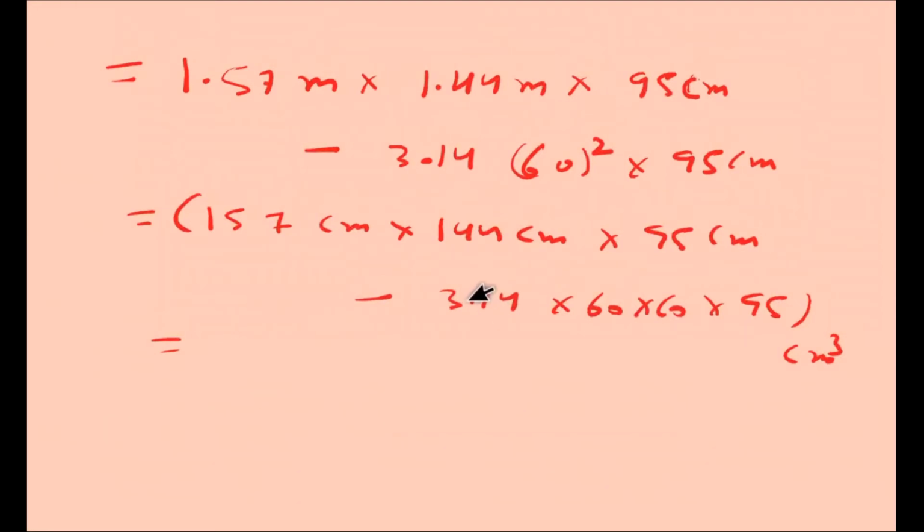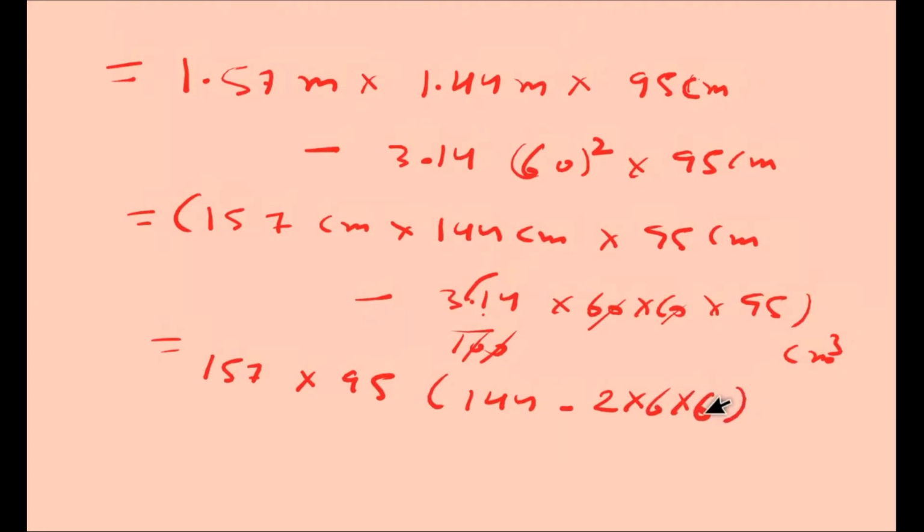Now we can solve here. Let here be 100 and 20, you can cancel out. Okay, now half of this is 157, taking the common 157 into 95. Okay, so what is left here? Here is 144 minus 2 into 6 into 6.